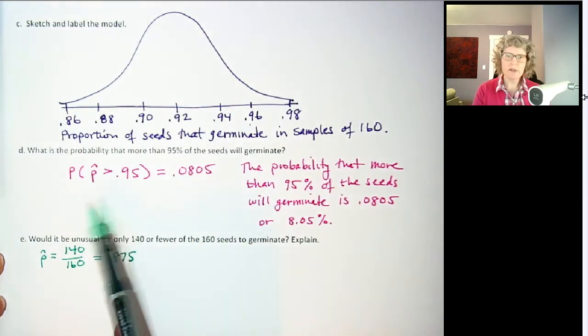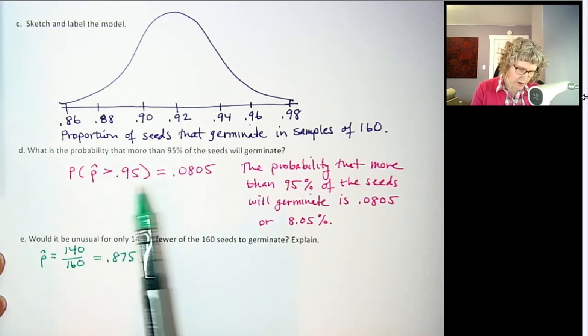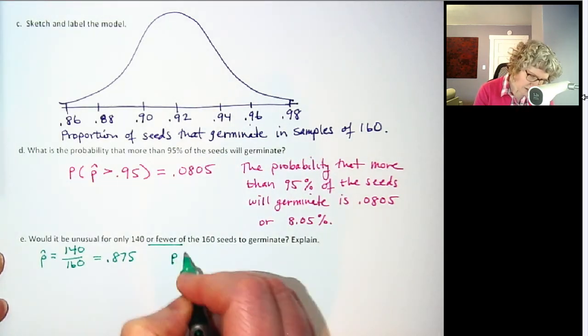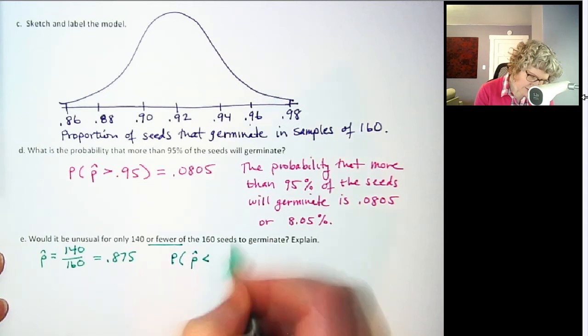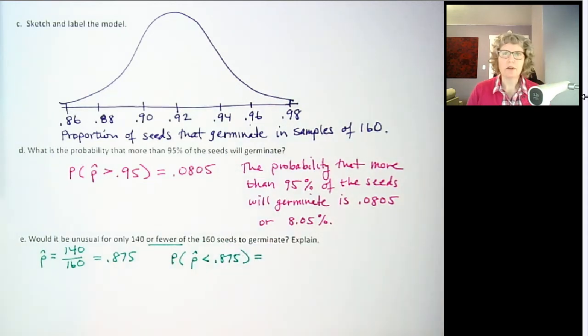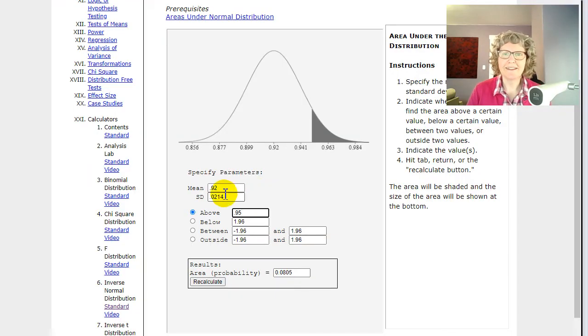Okay, so essentially what this is asking is, what's the probability of getting less than or fewer? What's the probability that p-hat is less than 0.875? Okay, so let's find that out, and we'll see if that seems unusual or not. Oops, I did it again.